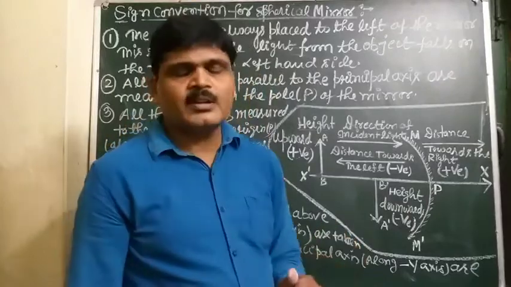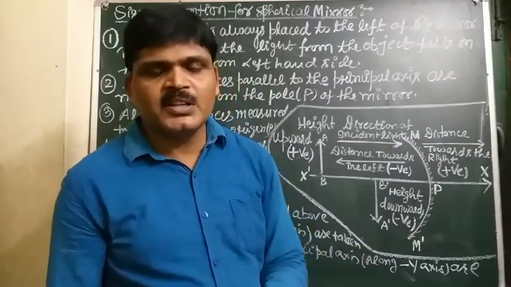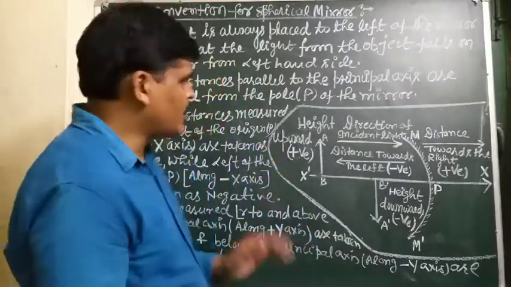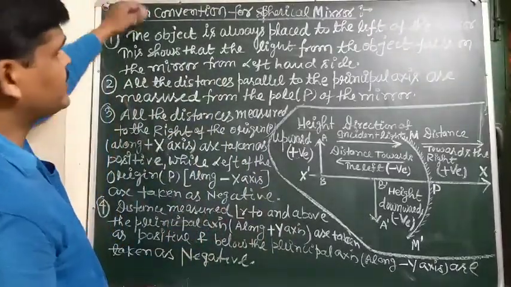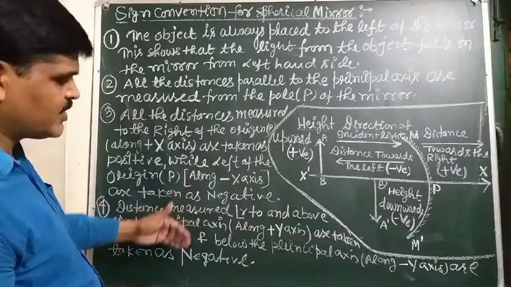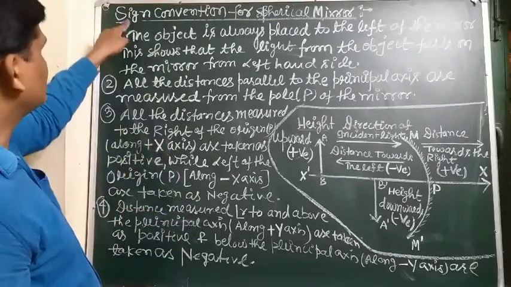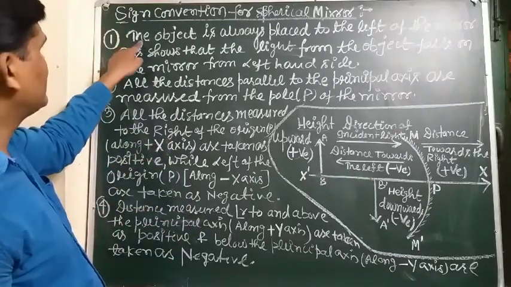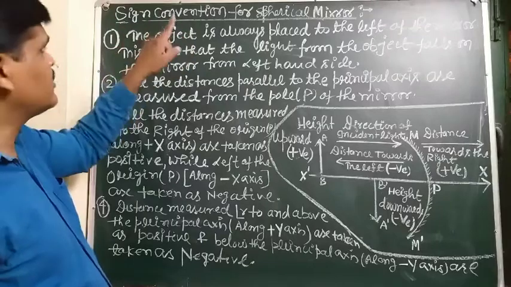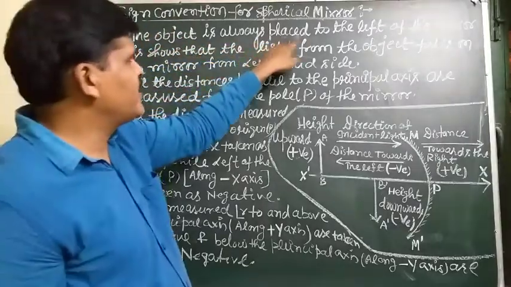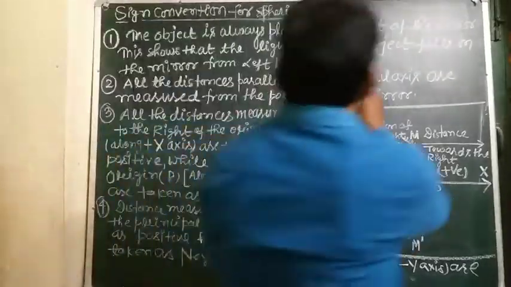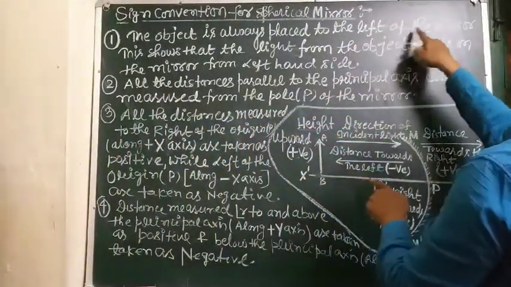It must be applied for solving the numerical problems. And now I am going to read all the sign conventions which are written here. First, the object is always placed to the left of the mirror.